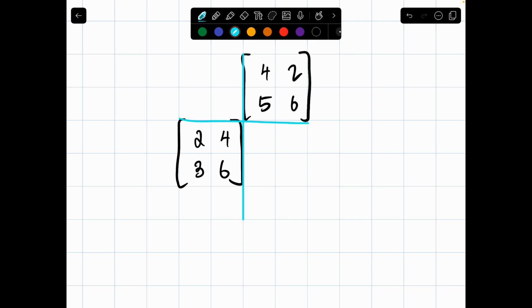Try to draw a line, first this cross, and then if you would like, you can draw lines separating the numbers as well. So what happens is, from this you can already see that this part is going to be the answer.